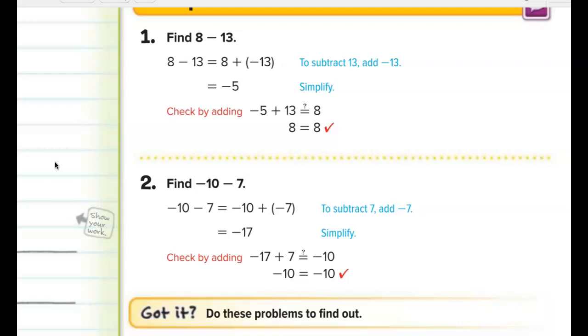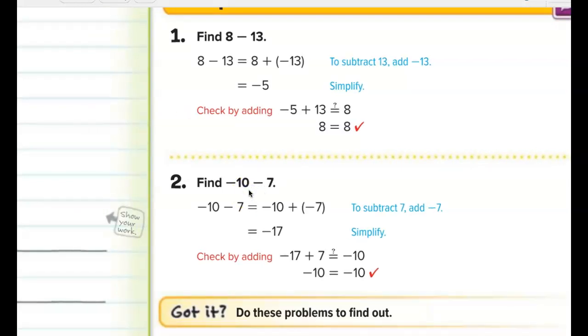Yes. Okay, so Sahara, how do I rewrite negative 10 minus 7 as an addition sentence? You do negative 10 plus negative 7. Good.